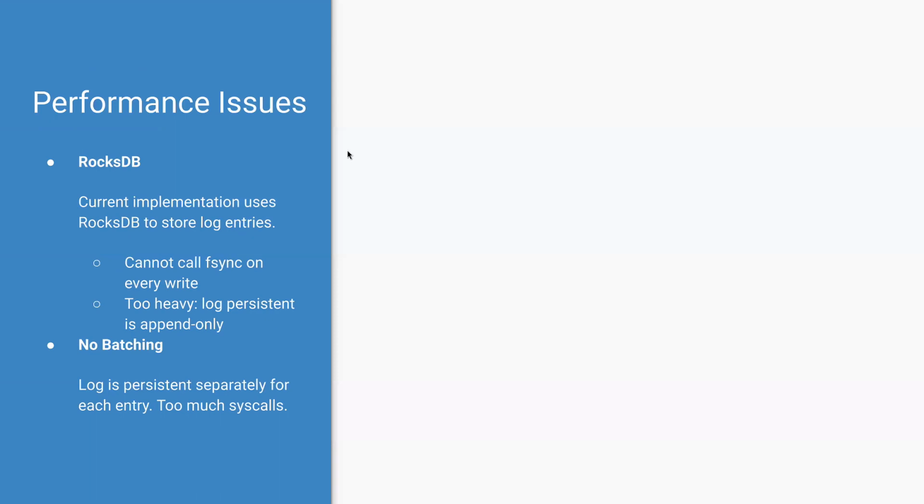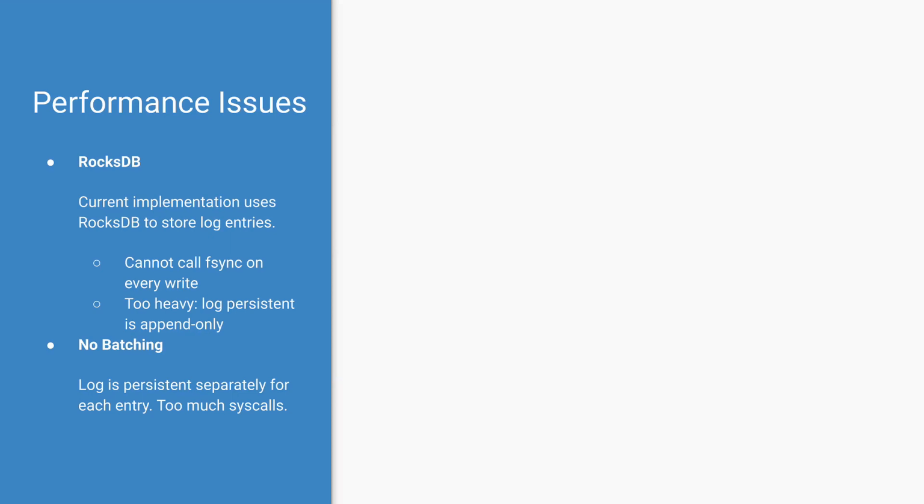Also, there are some performance issues in the current implementation. First, Xline uses RocksDB as its log storage, but that's not a very good idea because RocksDB does not provide fine-grained fsync control, which means you cannot call fsync on every write to the database, and you may lose some data during a sudden power loss.